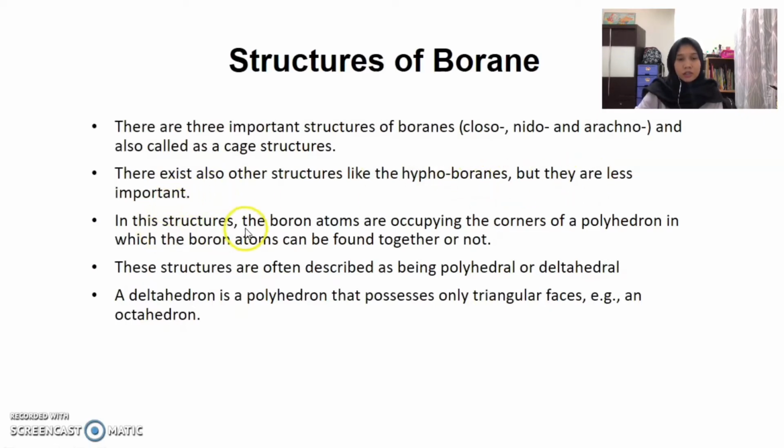In these structures, the boron atoms occupy the corners of a polyhedron, and they are often described as polyhedral or deltahedral. A deltahedron is a polyhedron that possesses only triangular faces, for example, an octahedron.